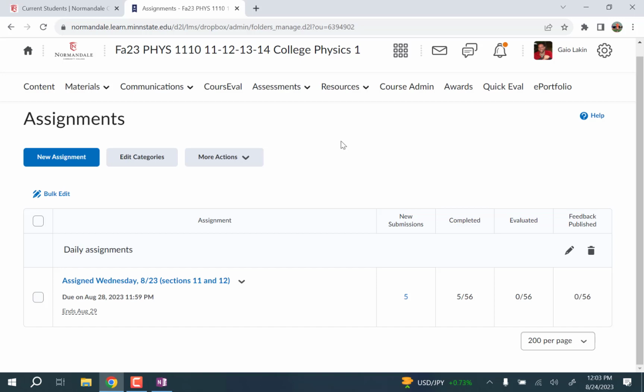So starting next week, you have to be there on time. If you're 15 minutes late to lab or more, you can't get credit for that lab, okay? So remember to be there on time. If you're a few minutes late, that's one thing. 15 minutes is the cutoff for me, okay?